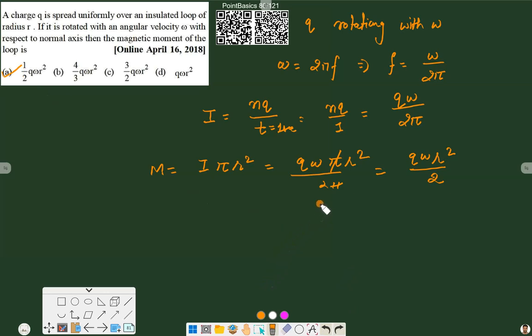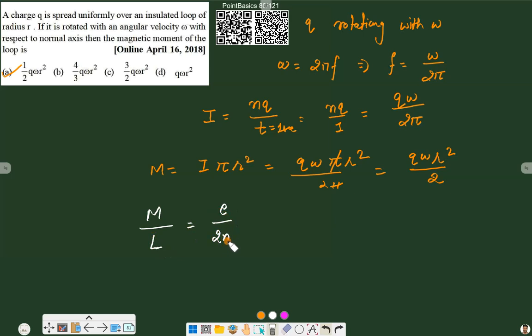And we can also solve this question using the gyromagnetic ratio. In that one, we know that the ratio of magnetic dipole moment divided by angular momentum is given by charge by twice the mass. So magnetic dipole moment M, angular momentum of a charged particle rotating in the radius of r is mass times its velocity times its radius, equal to charge q divided by 2m.